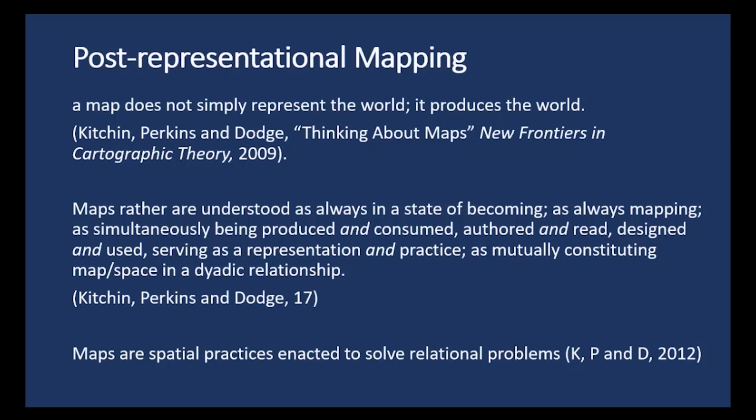From this perspective, a key quotation from Kitchen here: maps rather are understood as always in a state of becoming, as always mapping, as simultaneously being produced and consumed, authored and read, designed and used, serving as a representation and practice, as mutually constituting map space in a dyadic relationship.